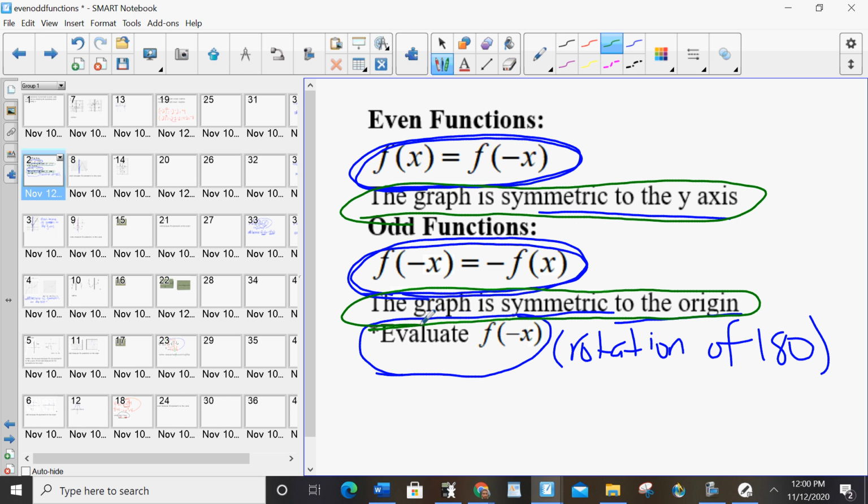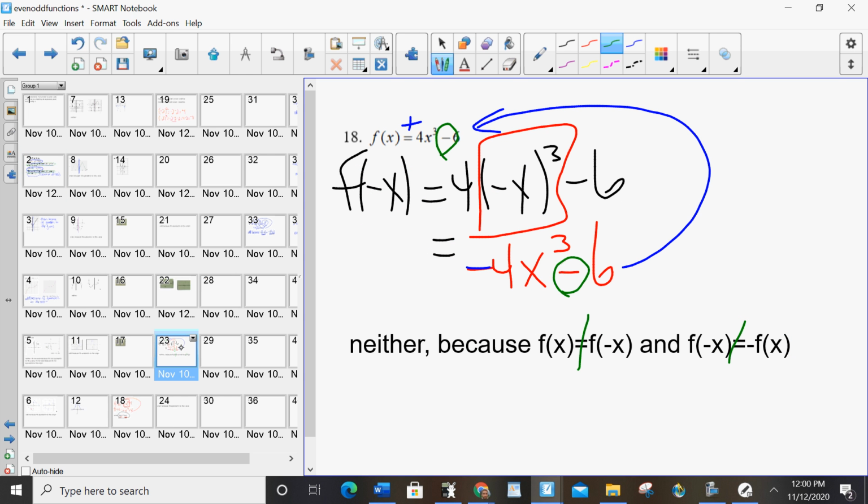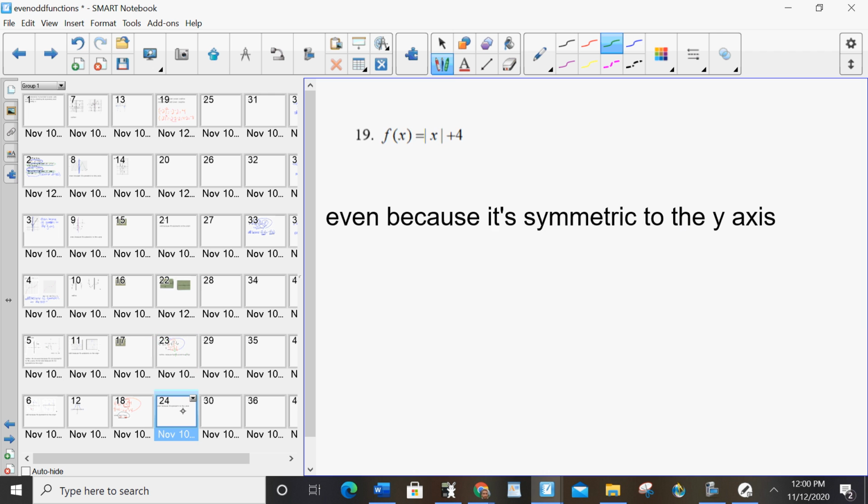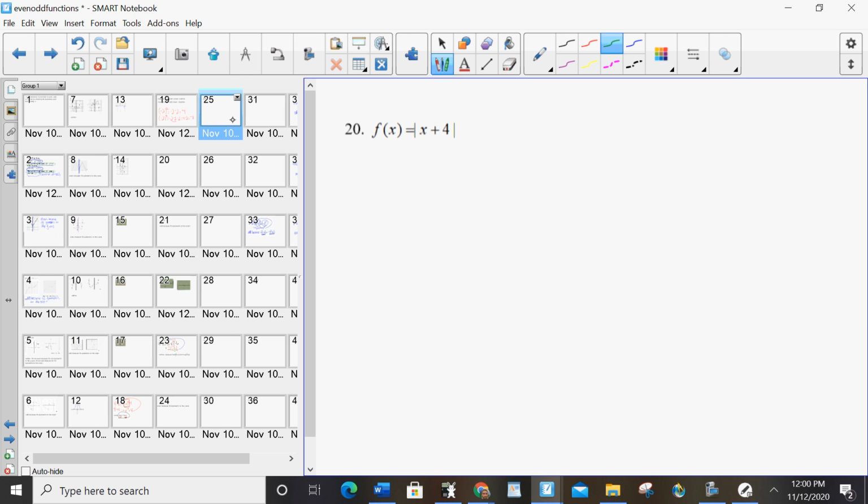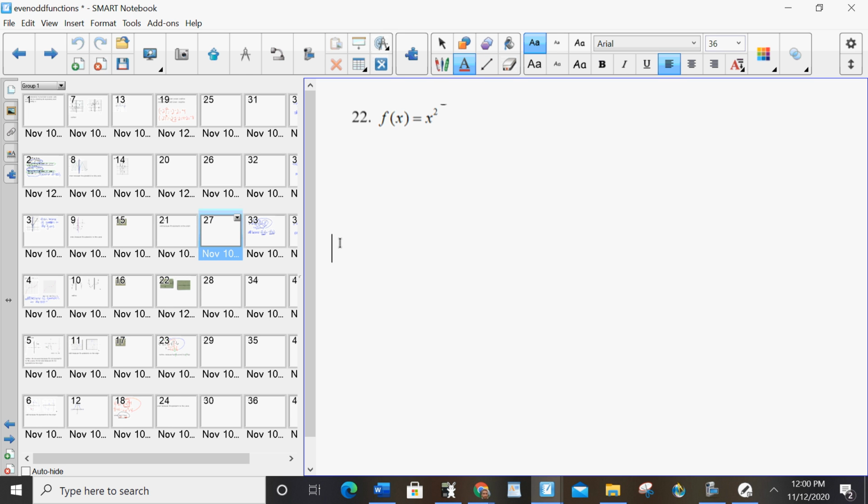Now I'm going to show you a shortcut which will work sometimes, but not every time. It will work on polynomial functions. So here's how it works. If all, I guess I should type it. This only works for polynomial functions.